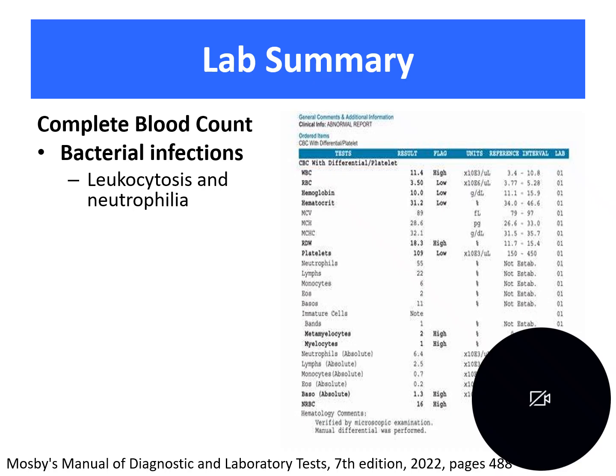Bacterial infections will make a statement in the complete blood count by showing you leukocytosis. Remember, that means increased white blood cell count, and neutrophilia, which means increased amount of neutrophils. That is for bacterial infections.